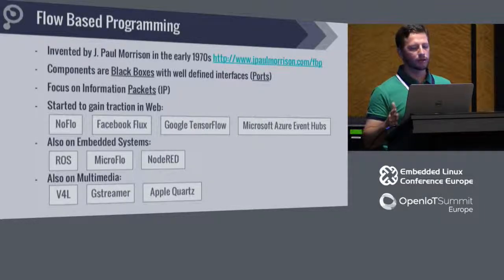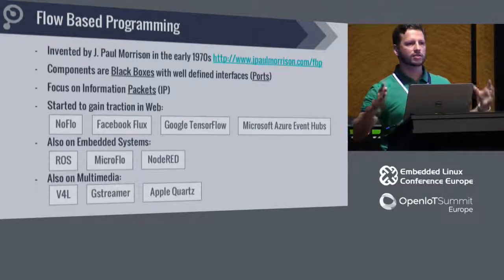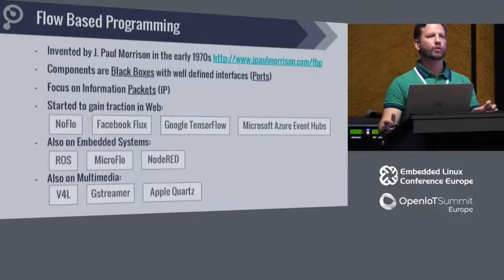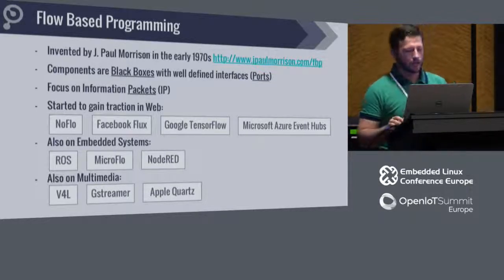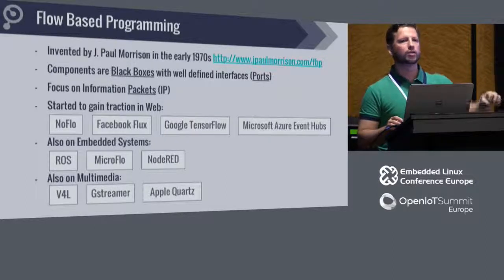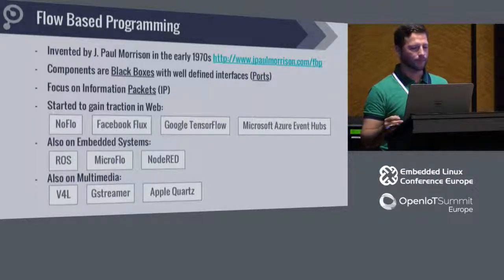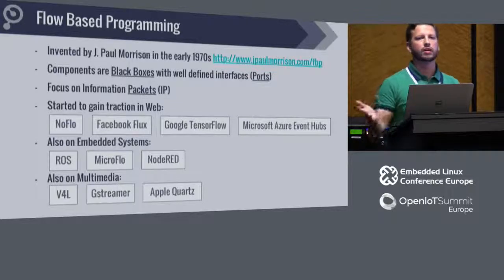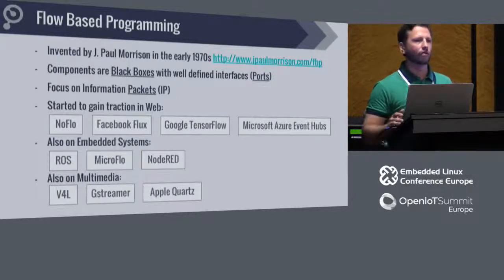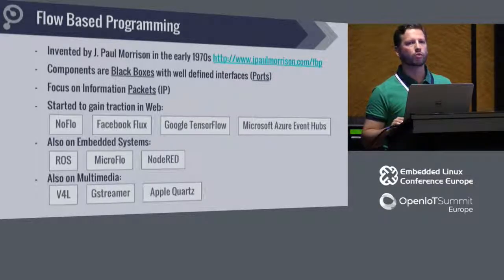What is the problem with these? ROS is kind of big, MicroFlo was kind of limited, and Node-RED is based on Node.js, so it won't run on a microcontroller because it requires the full Node stack. The multimedia guys also do that. Video for Linux is flow-based programming, GStreamer is like that, and Apple Quartz.